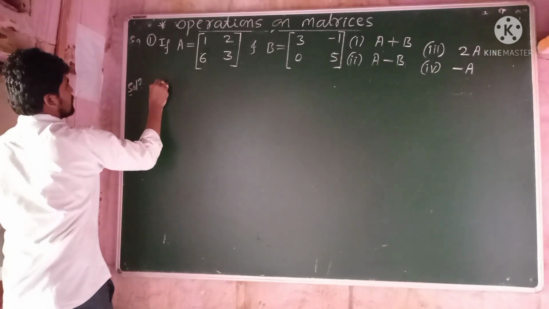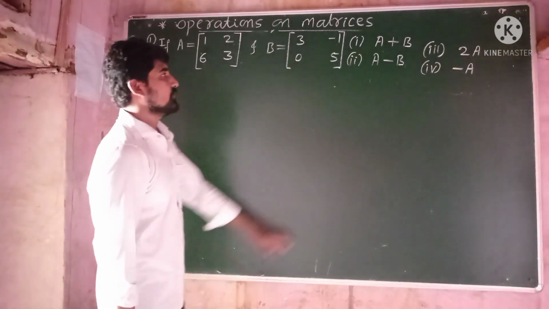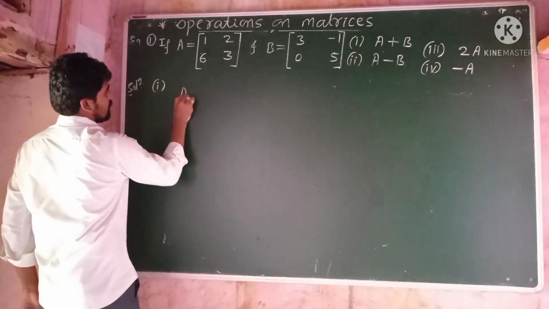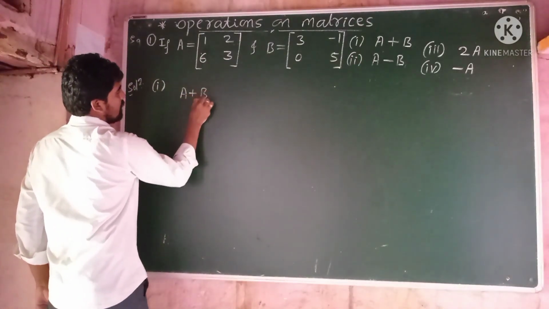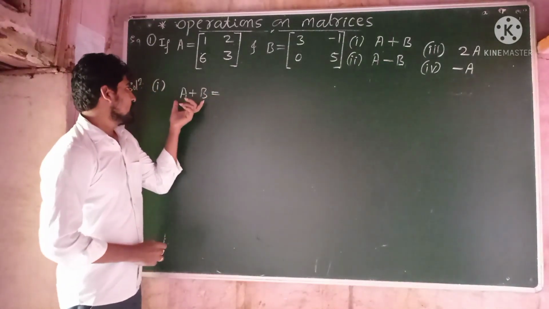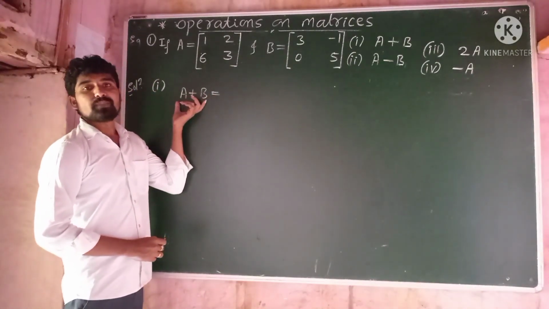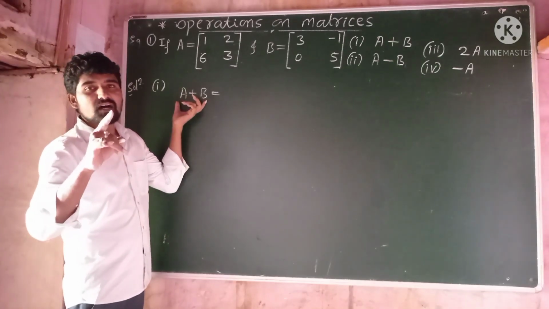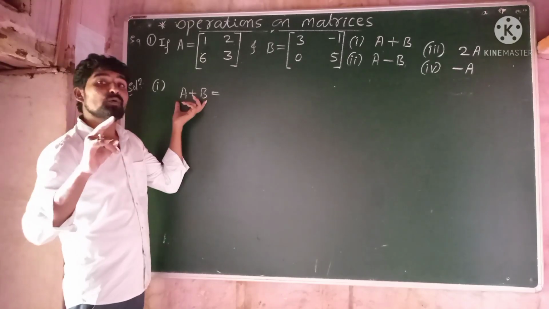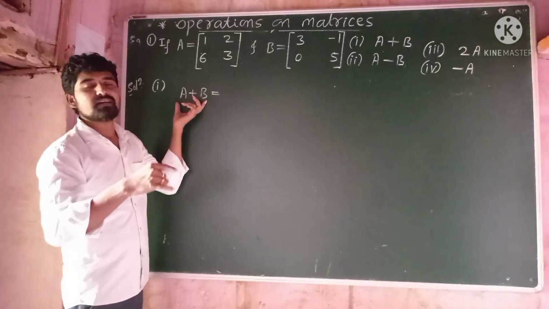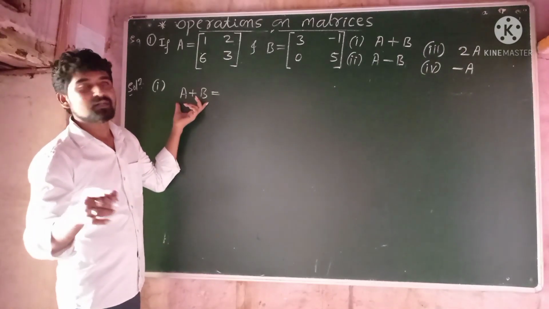For the first one, here we need to find the matrix A plus B. When we are finding the matrix A plus B, the main condition is the orders of both the matrices which are going to add here must be same.